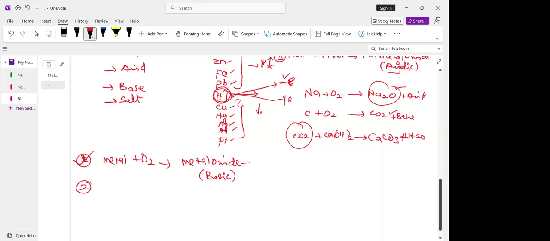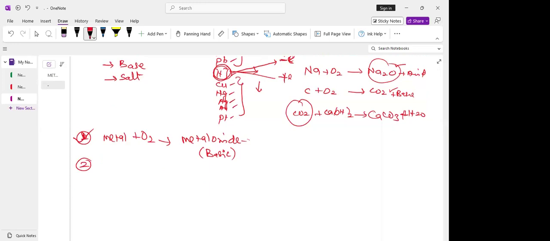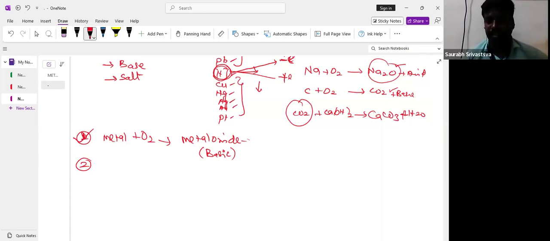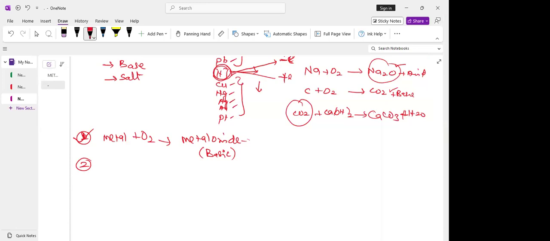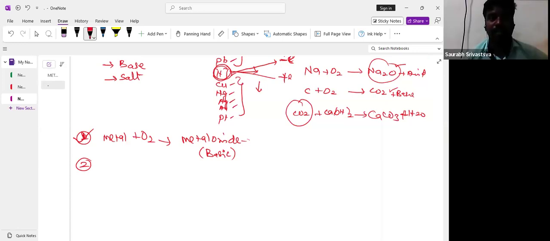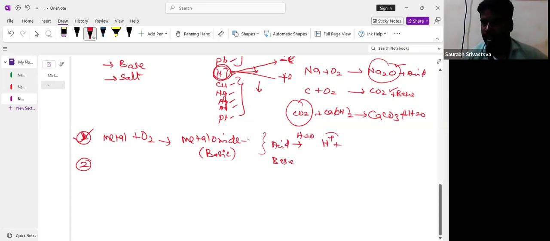Sir, is there any definition for acid and base or salt? There is no other definition, sir. According to your point of view, if I say acid and the base: if you take the acid, when you dissolve it in water, it should release the H plus ion, then it is acid.